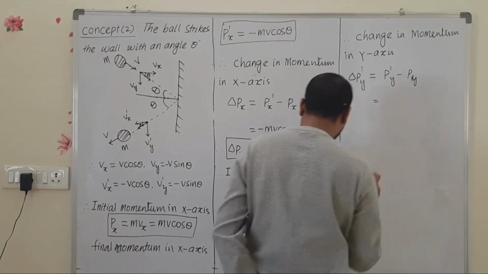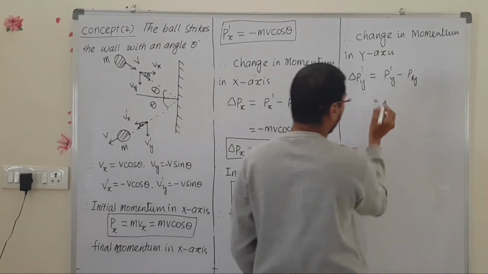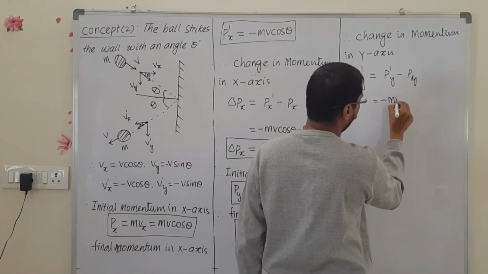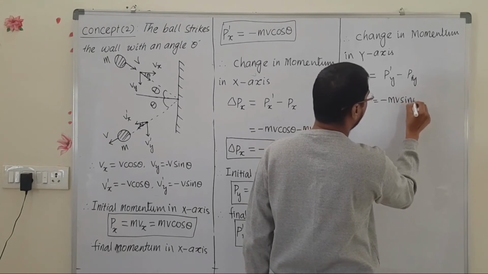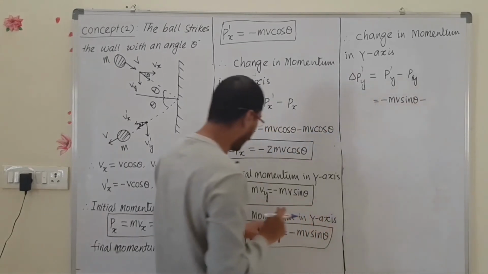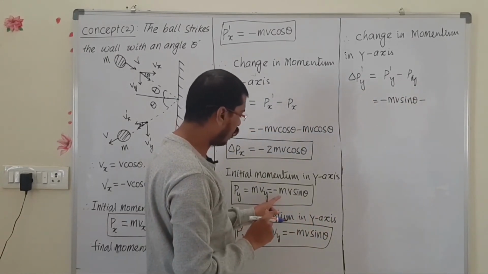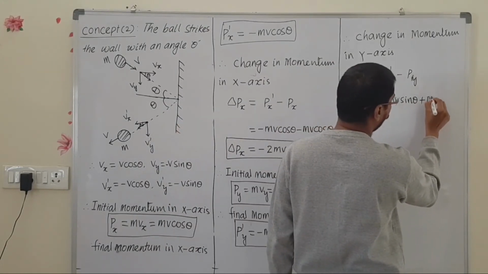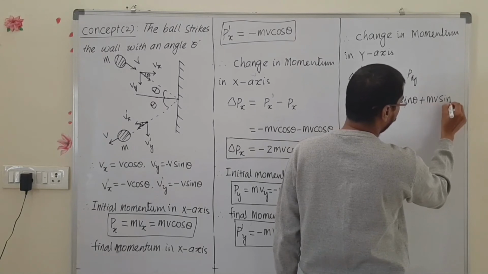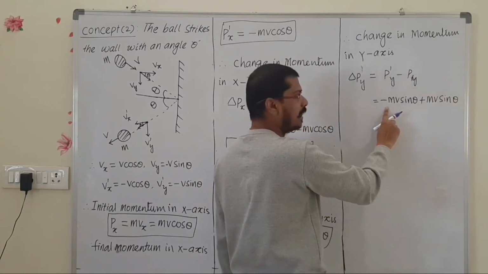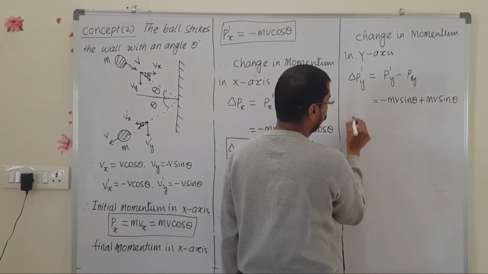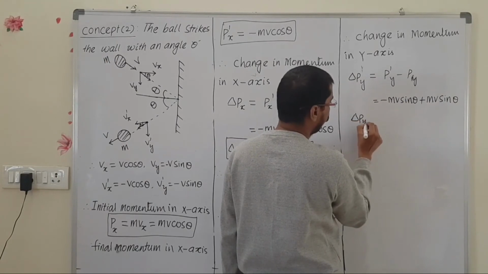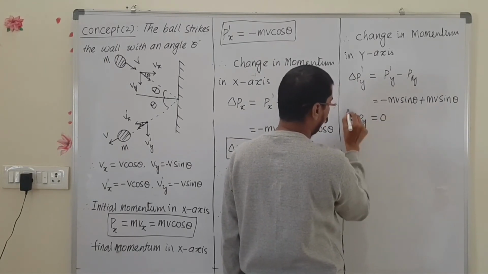The p dash y value we got is minus mv sin theta, minus the initial value, which we got as mv sin theta, minus into minus is plus. Minus mv sin theta plus mv sin theta should cancel, then the change in momentum along the y-axis is 0.